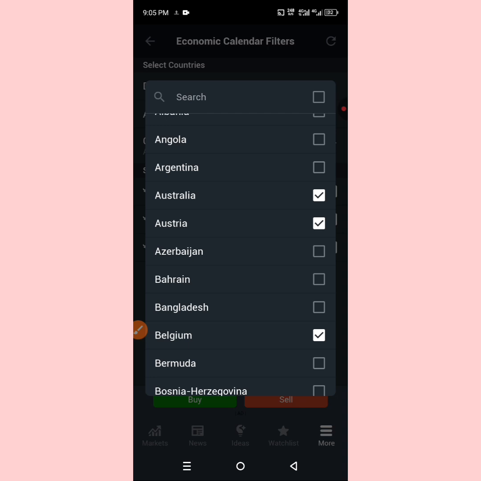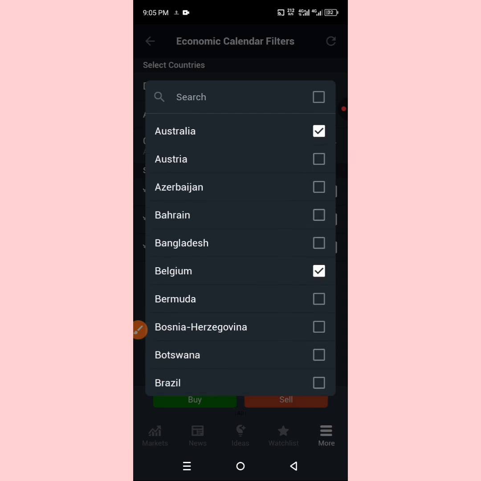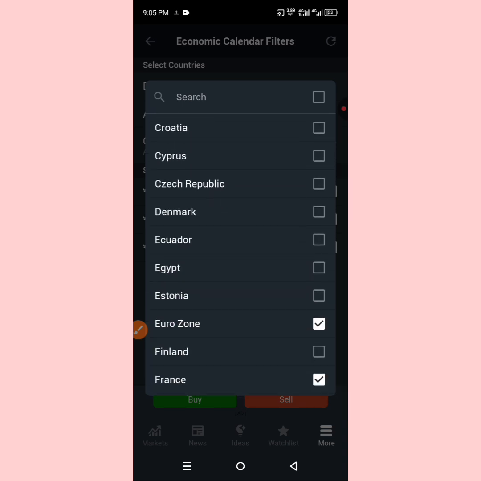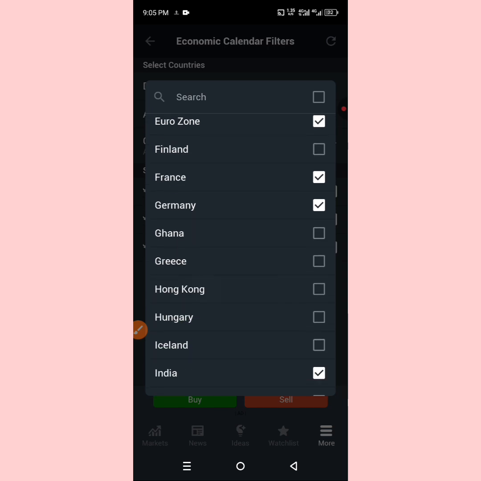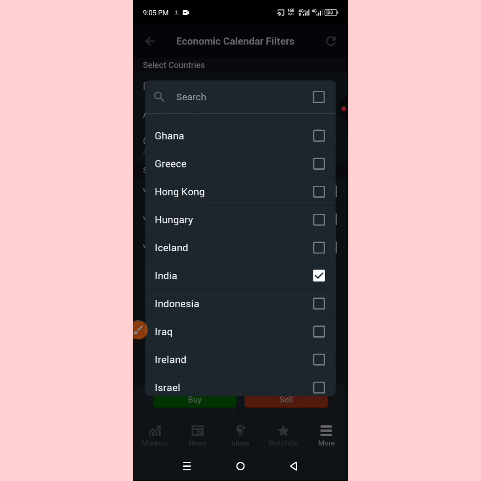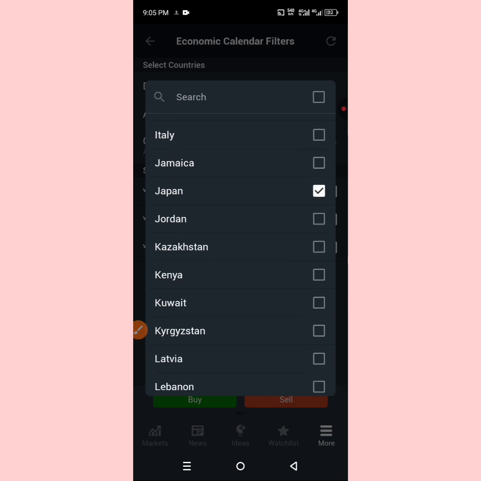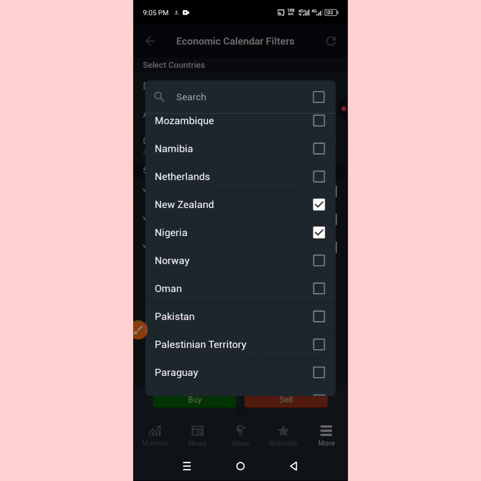I trade the Australian dollars. So you just unclick all the countries that you don't trade. I don't need Belgium. Keep scrolling. Eurozone, we need it. I don't need France. I don't trade their currency. I don't need India. I need Japan. We trade JPY. I don't need Nigeria. I don't trade Nigerian currency.